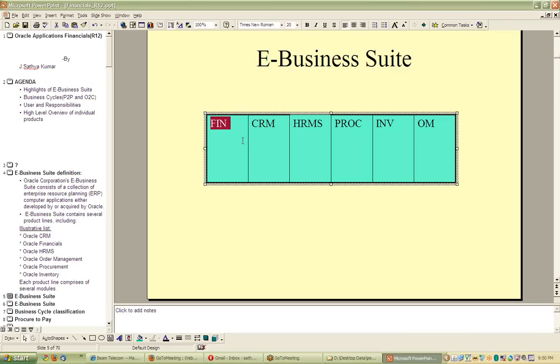So there are integrations not only for the modules within a product family, but there are integrations across product families. So you have financial and non-financial integrations also. We will have to take care of all these integrations, and we'll have to view it as an entire cycle. So now we come to the concept of business cycle.